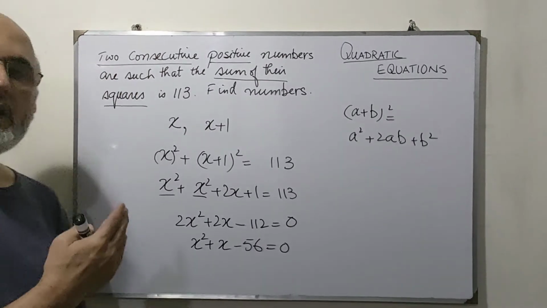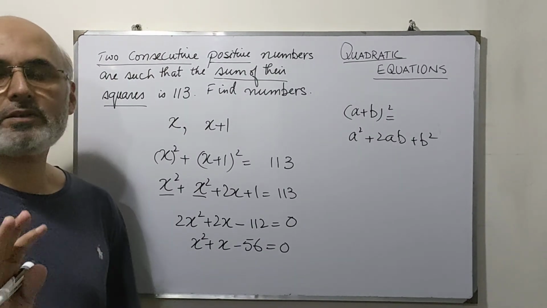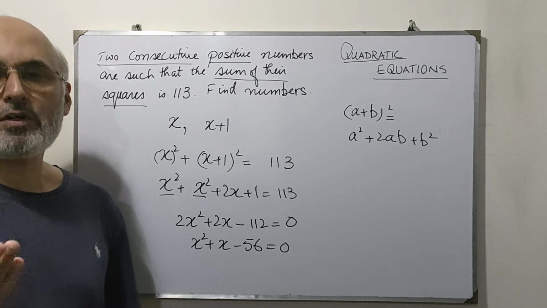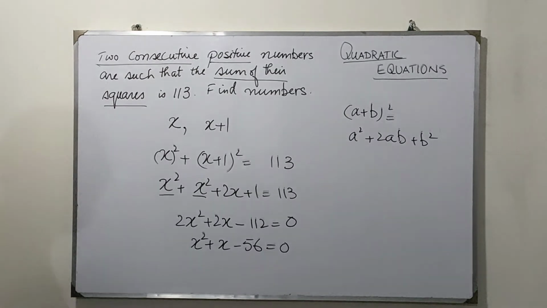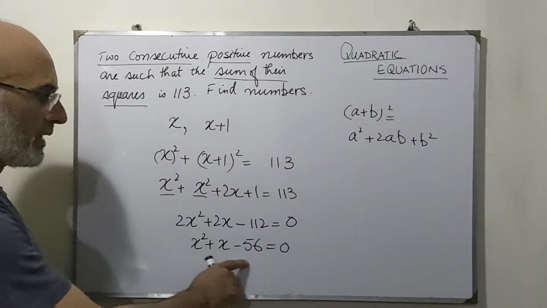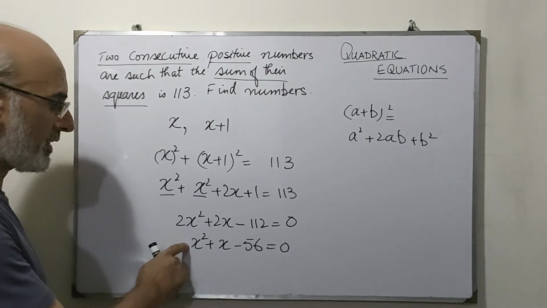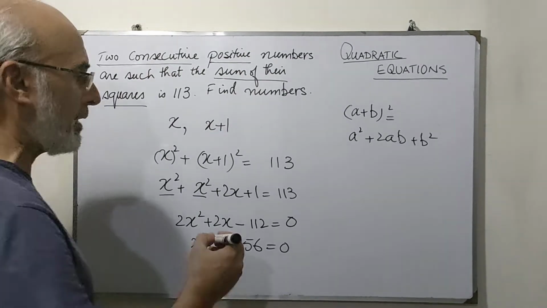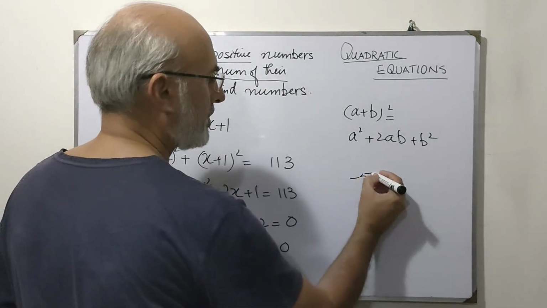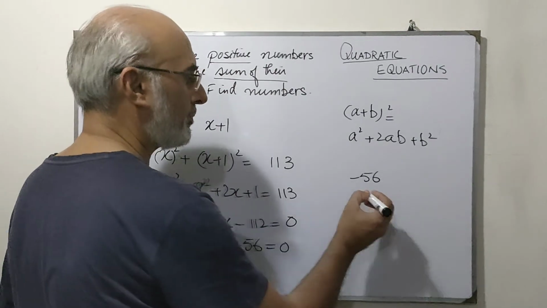Now, since it's equal to 0, if we take something common, it's gone forever. We don't need that common now because it is equal to 0, right? So we have this quadratic equation now, and the coefficient of x square is 1. This is minus 56. So when we multiply, what we need is minus 56, and when we add, we need 1.